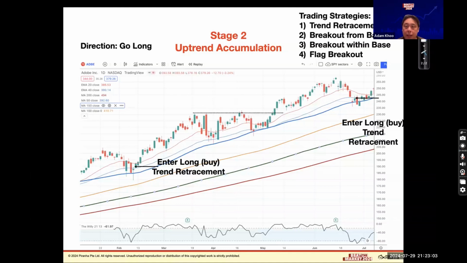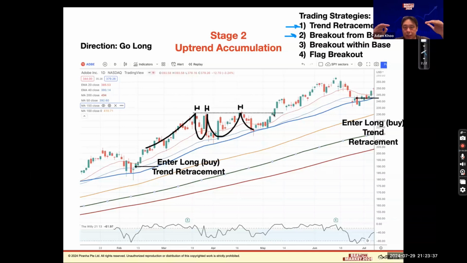Another way to enter besides a trend retracement entry is a breakout from base entry. A breakout from base is when, in a stage 2 uptrend, the price goes up, makes a high, then comes down, makes the same high, comes down, makes the same high, comes down. So this is a resistance. Can you see this dotted line is a resistance here?